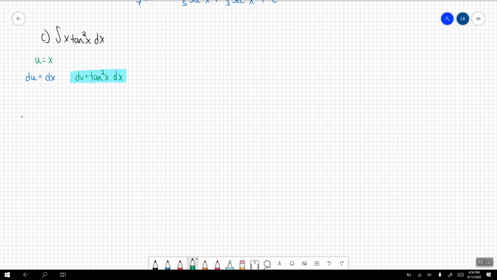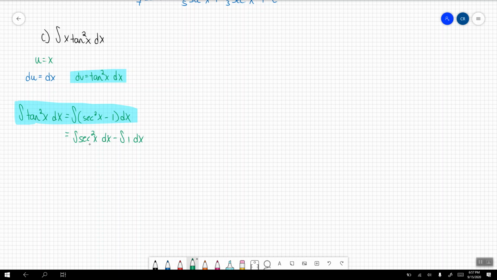So when I find the antiderivative for tangent squared of x dx, this will have to be integrated using the Pythagorean identity, secant squared of x minus 1 dx. Once we extract this piece, we get to integrate term by term: the integral of secant squared x dx minus the integral of 1 dx.